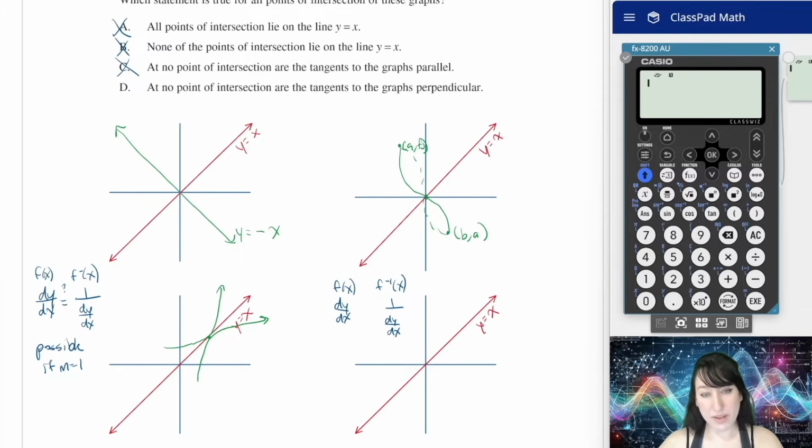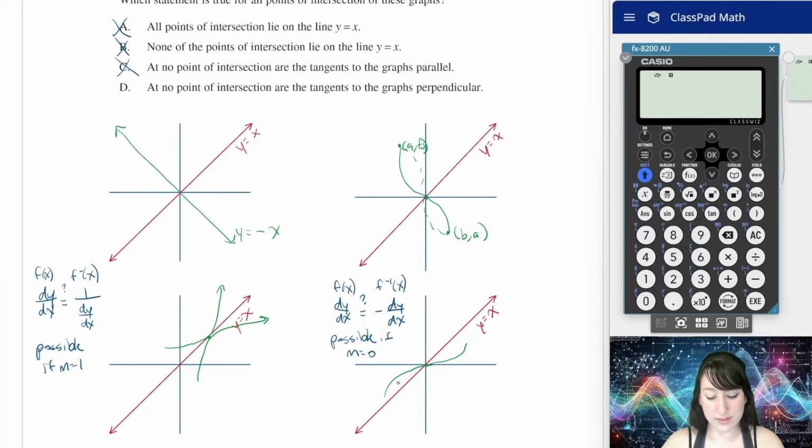So if we reciprocate the gradient of the inverse, we get dy/dx back, but we'd have to make it negative. Could they be equal? The only way for them to be equal is for dy/dx to be 0.